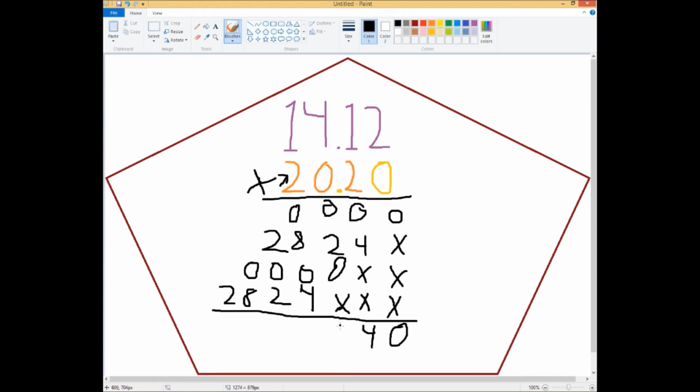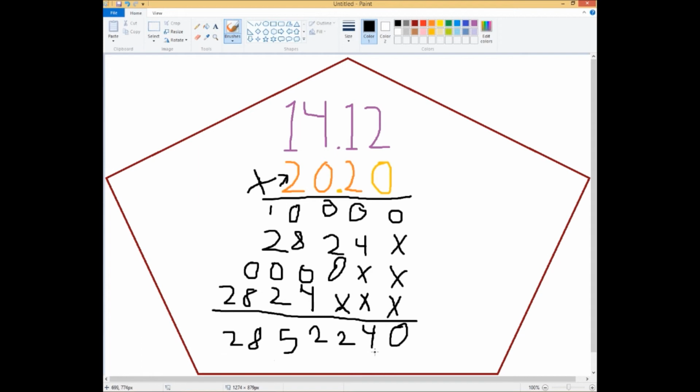So in this column we got 2, and then this column, 8 plus 4, 12. In this column we got 2 plus 2 plus 1 is 5. And then in this column 8. And then in this last column 2.